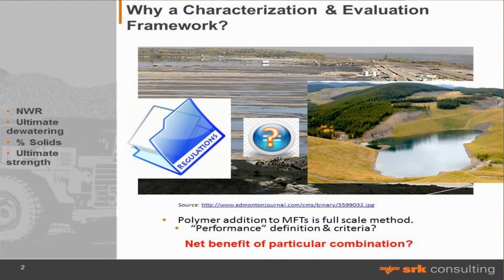Okay. So why the need for a consistent way of figuring out where we are? Because industry and operators are spending lots of money pursuing this particular line of treatment. It's costly, and there's hope that we end up where we hope to end up by using this technology.